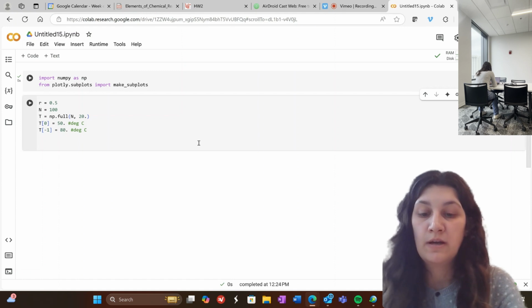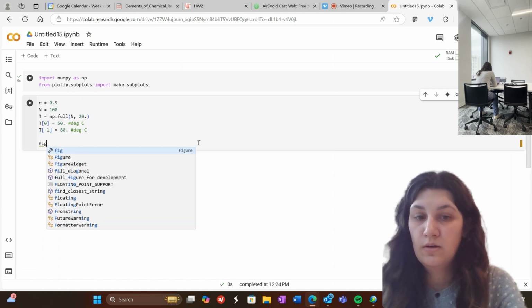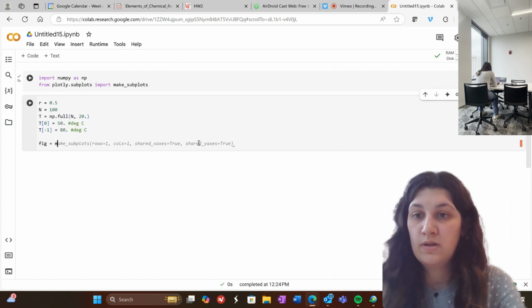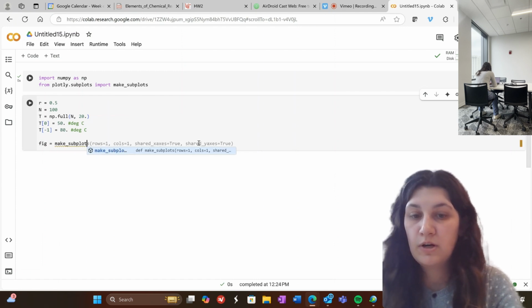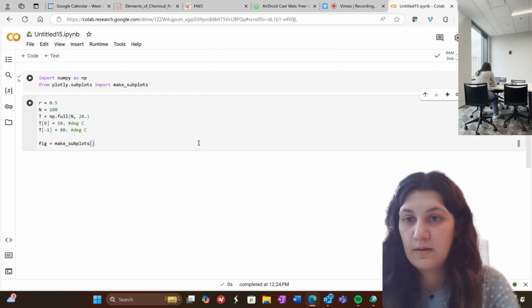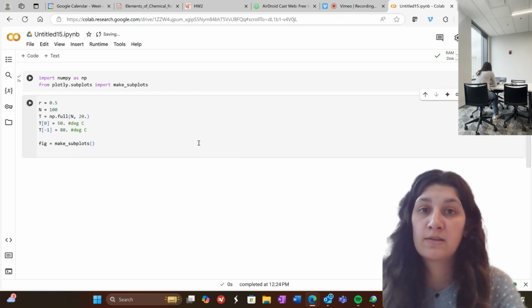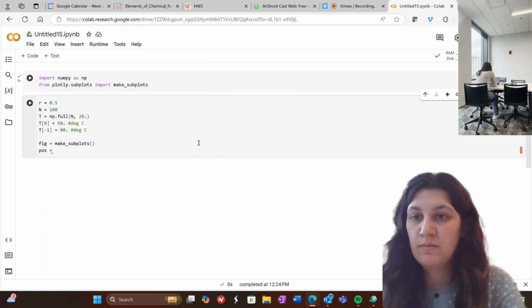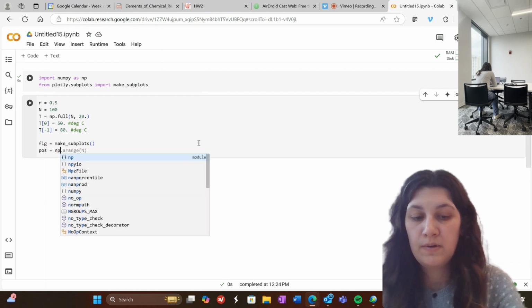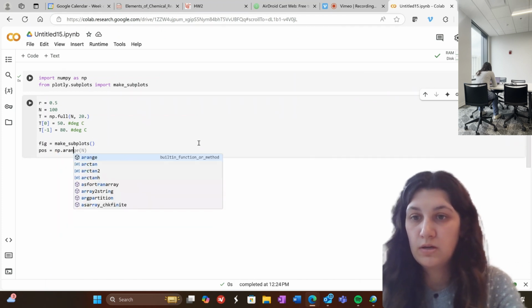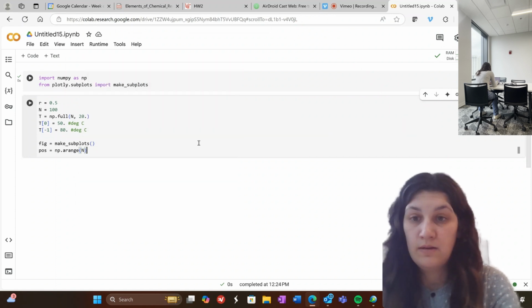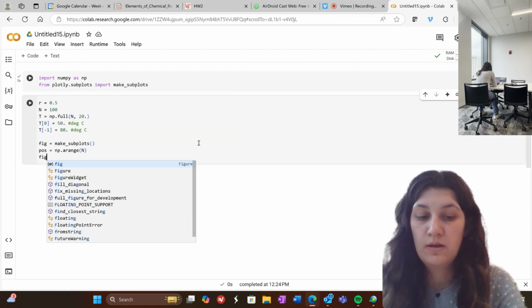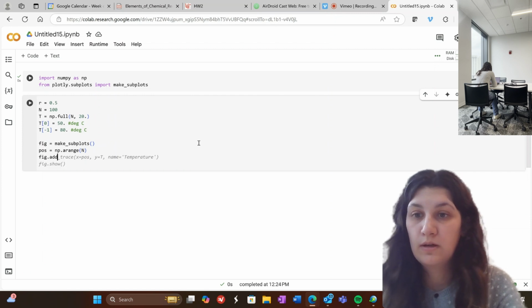Now we're ready to set up our plot. So it's equal to make_subplots. Our x values are going to be position, so n range n. Then we want to make our scatter plot, add_scatter.